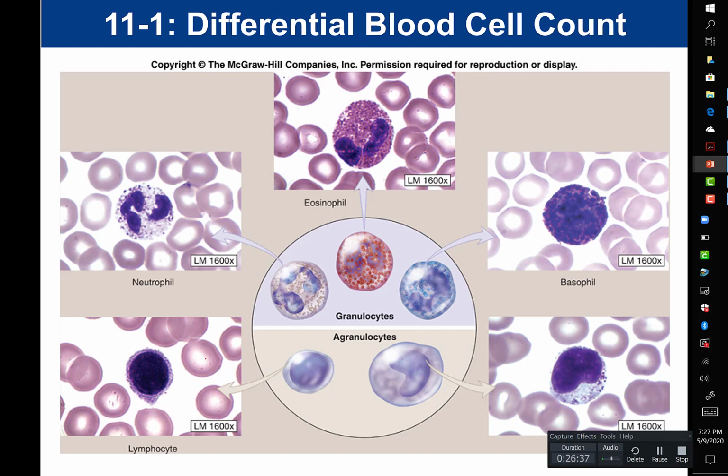Its size is closer to that of the red blood cell. So what you're looking for is that the nucleus is going to be very prominent. It's going to take up most of the cell, and the cell is going to be smaller than the other types of white blood cells. And so that's what you're looking for when you're trying to identify a lymphocyte.